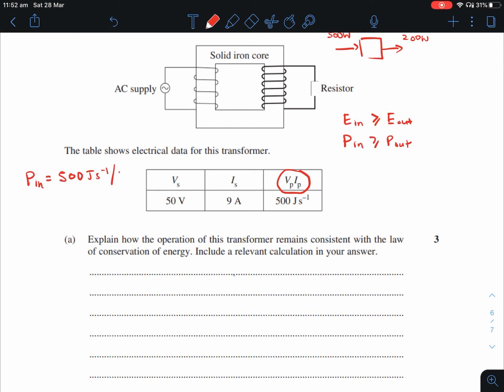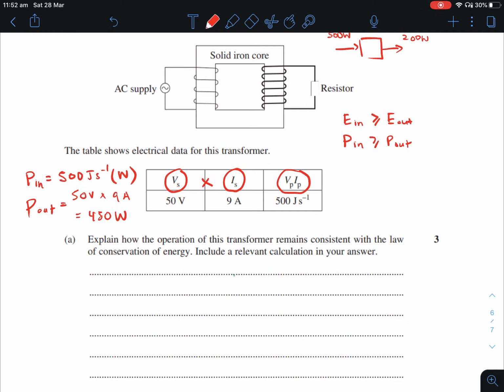Remember, joules per second and watts are the same thing. And our power out can be calculated the same way. It's just this times this. And so we get 50 volts times 9 amps, which is 450 watts.